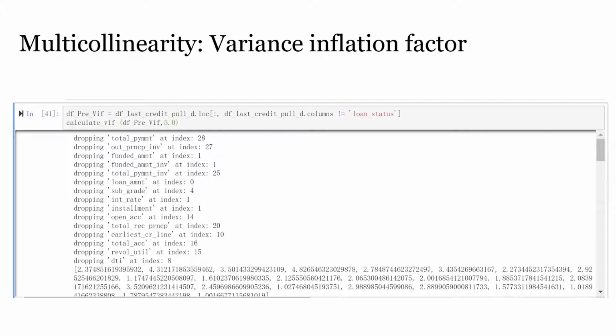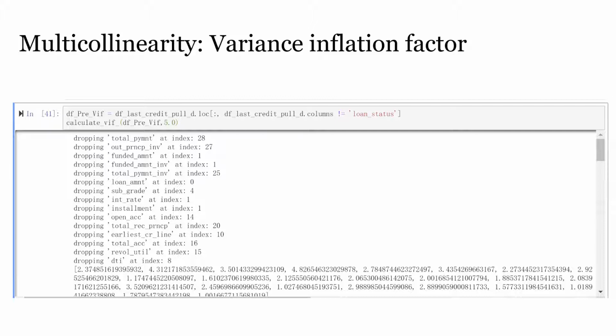The first method we are using is called the variance inflation factor. The variance inflation factor is a way of quantifying the impact of correlations between one feature and the other features within the model, and is typically used for identifying collinearity.